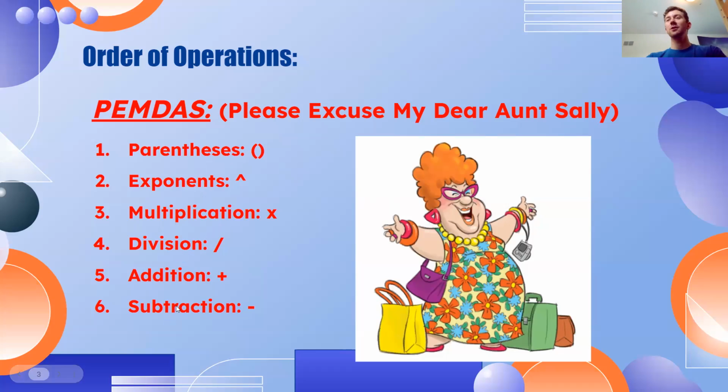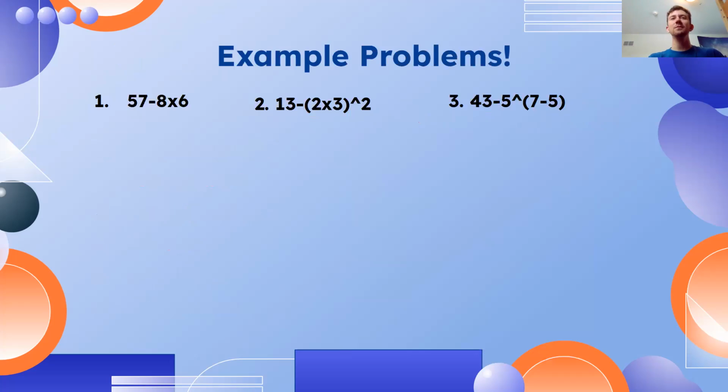And one easy way that we have to remember this order of PEMDAS is, please excuse my dear Aunt Sally. So we have parentheses, exponents, multiplication, division, addition, and subtraction. So this is just an easy way that we have to remember the order when we're going about doing these problems. So let's get started with some example problems.